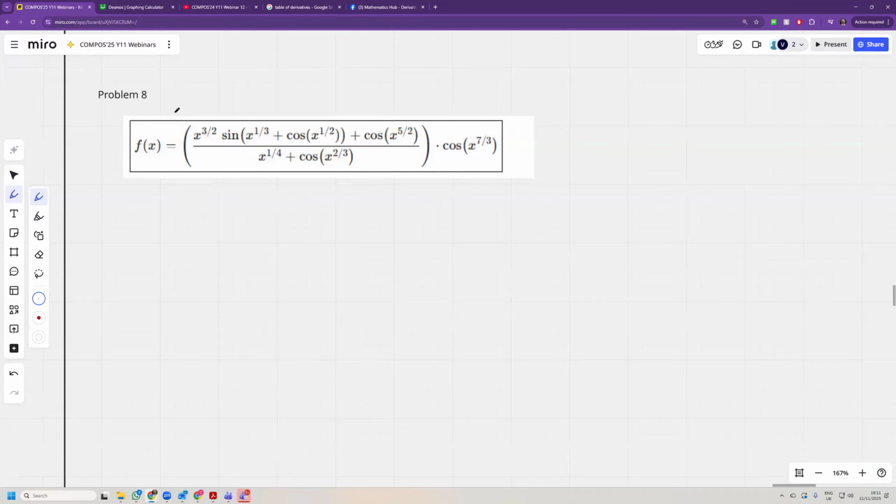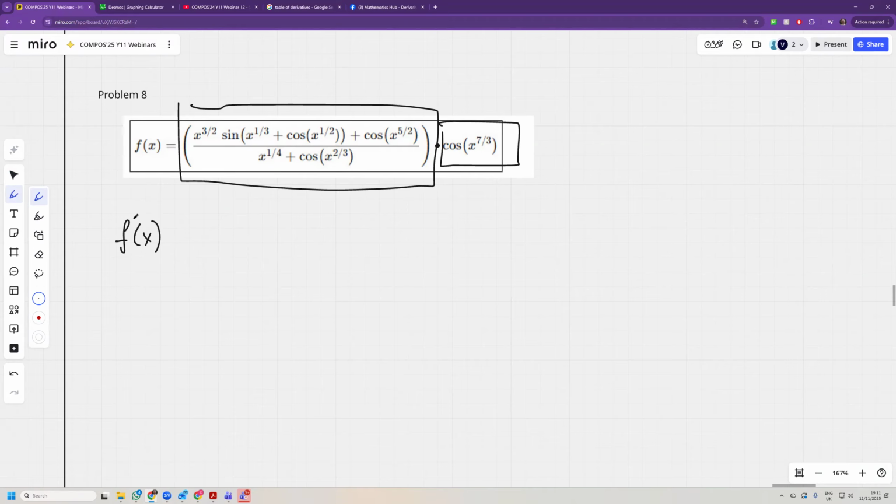So what do we see here? I see a product rule. This multiplied by this. So that's a product rule. So I'll start with that f of x dash. I'm going to find the derivative of that function. So dash multiplied by cosine x to the power 7 over 3 plus that function multiplied by the derivative of that.